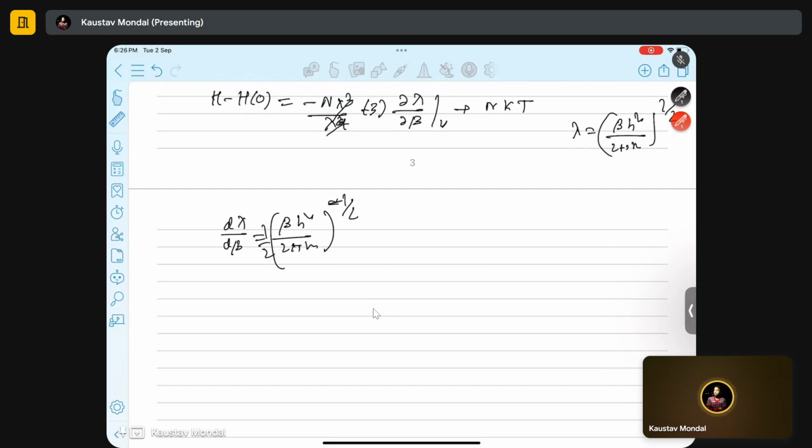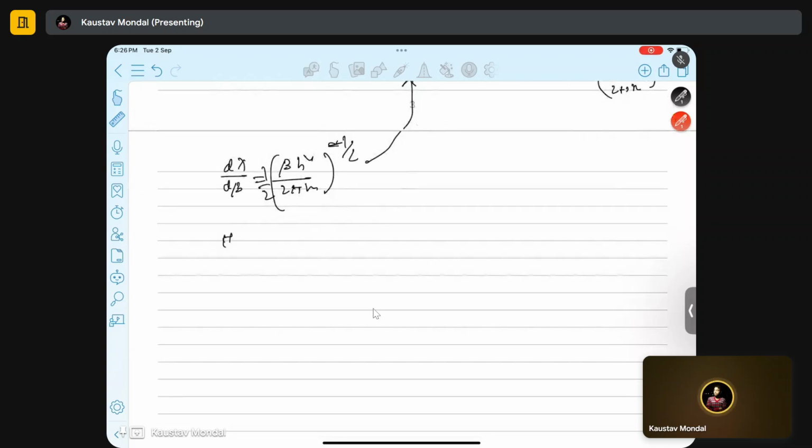Now I have to substitute del lambda del beta into here. After doing that, H minus H0 will become 3n by 2 lambda into beta h square by 2 pi m to the power minus half into h square by 2 pi m into 1 by beta plus nkT.